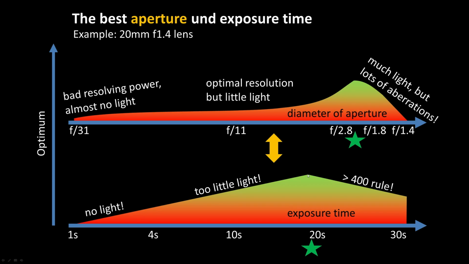So this optimum goes down again, and this is due to the 400 rule. For that lens, there would be an optimum somewhere around 20 seconds or so.